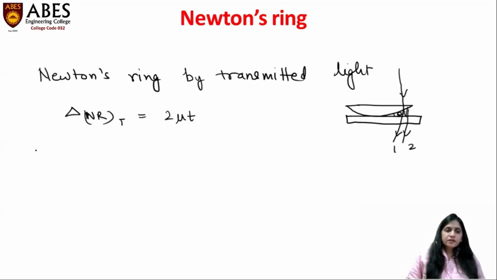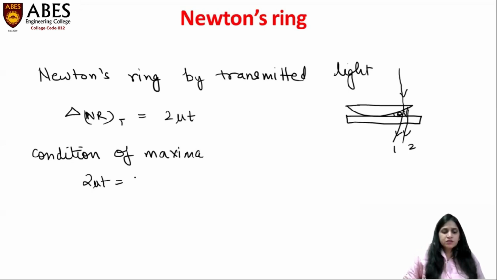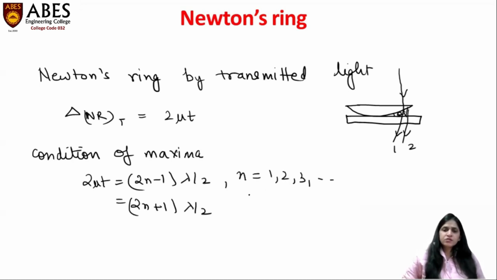And again, the condition of maxima is given by 2 mu t is equal to n lambda, and the condition of minima is 2 mu t is equal to (2n plus 1) lambda by 2, where n starts from 0, 1, 2, 3 and so on.